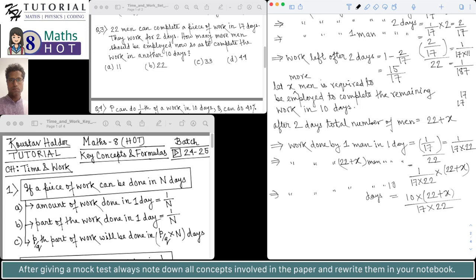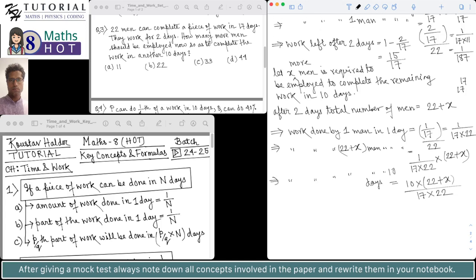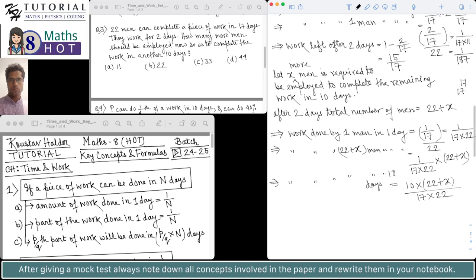Now this expression has to be equal to 15 by 17, because the work left after 2 days was 15 by 17, and this amount of work must be completed by the 22 plus x men in the next 10 days.